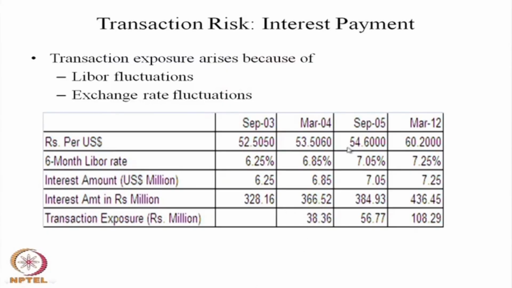If the rupee-dollar rate goes on depreciating further, and at the same time LIBOR also rises, there will be more transaction exposure. In this process the transaction exposure is two way: one way is LIBOR fluctuation, another way is rupee-dollar fluctuation.